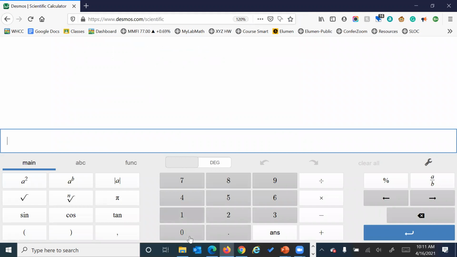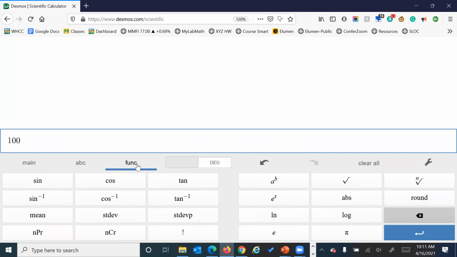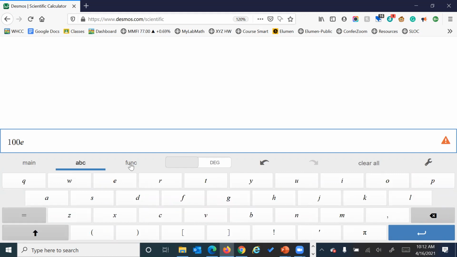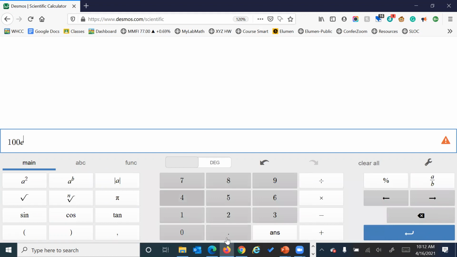Do you have an E anywhere here or no? There's my little E right here. E to the, and back. So you've got main, variables, or ABC keyboard, or different functions. So back over here, 4.6052. Click enter, and voila.